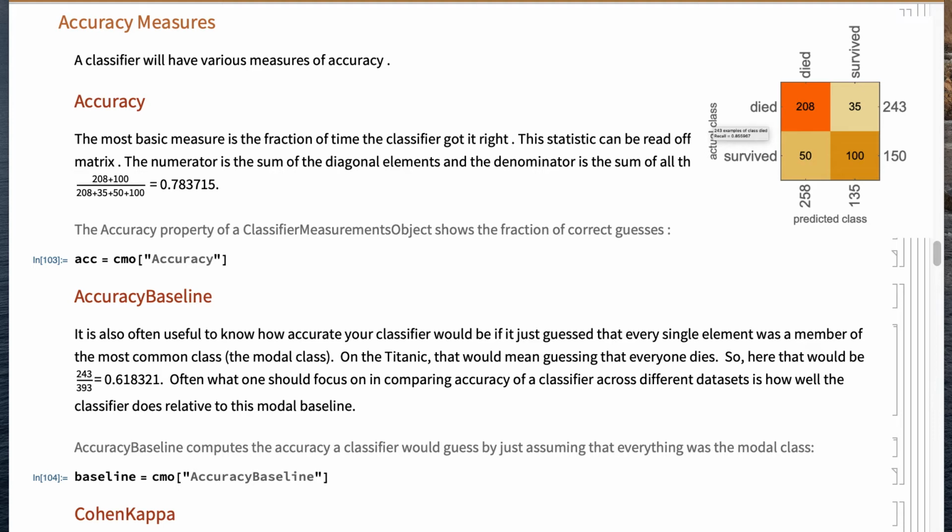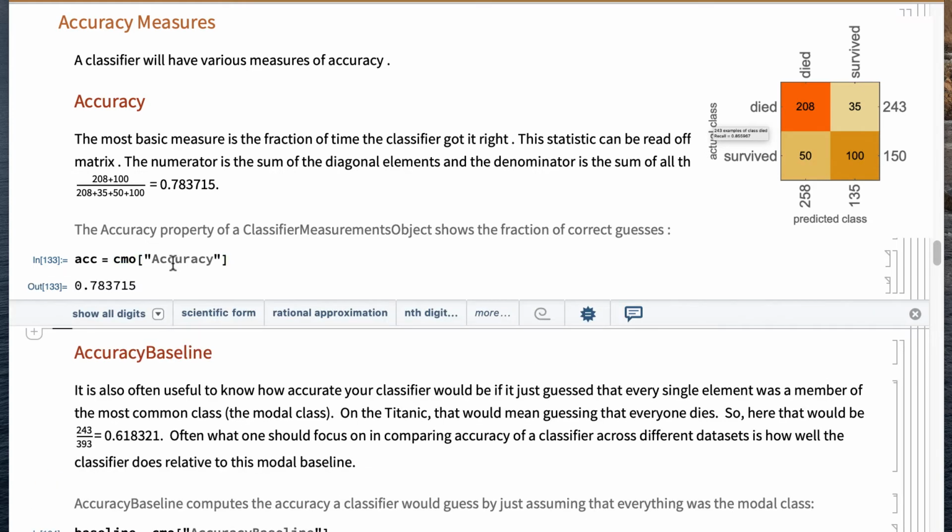So it got it right 208 times, died, 100 times, survived. So that's 308. And the denominator is everybody in the matrix, so we know that's 393. And so that's our accuracy value. Or if you find that too tedious, you can just ask for the accuracy property of the classifier measurements object, and you get the same number.